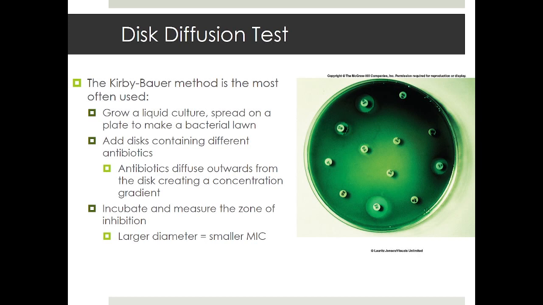The larger the diameter that you get, the smaller the minimal inhibitory concentration will be. So you can see in this example here, this particular drug was the most effective at inhibiting growth because that zone of inhibition is the largest. Some drugs on this plate were not effective at all in inhibiting growth. So relative to one another, you can determine which type of medicine is going to be more effective compared to the others based on the size of that zone of inhibition.